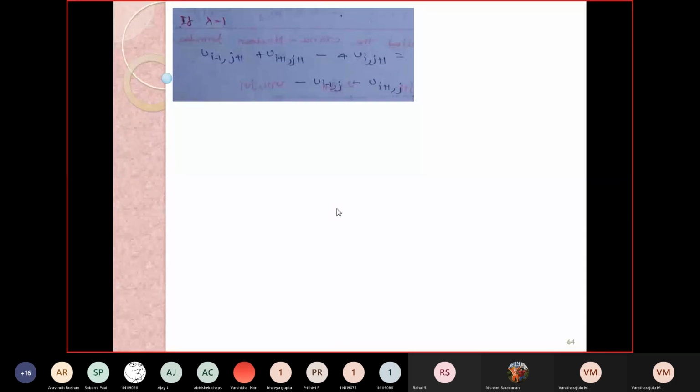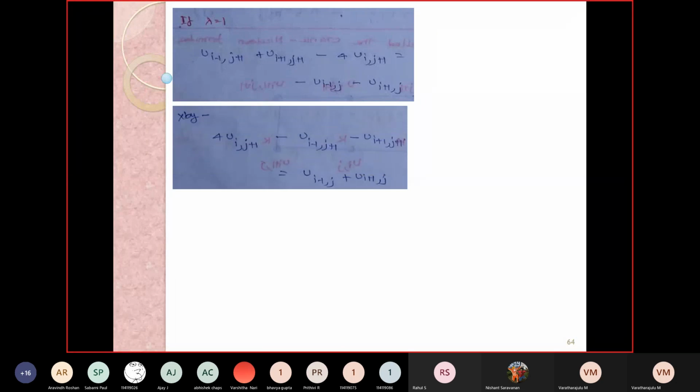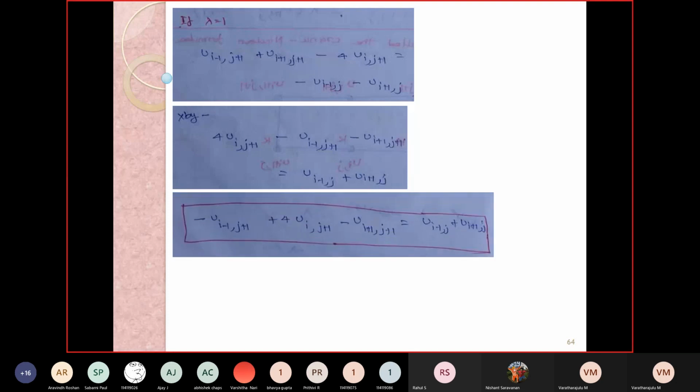This is the reformed Crank Nicolson formula when lambda is equal to 1, and by multiplying by minus, we get u(i, j+1) and so on, equal to certain terms. This is what we need to remember during problem solving, and this is the formula we need to remember.